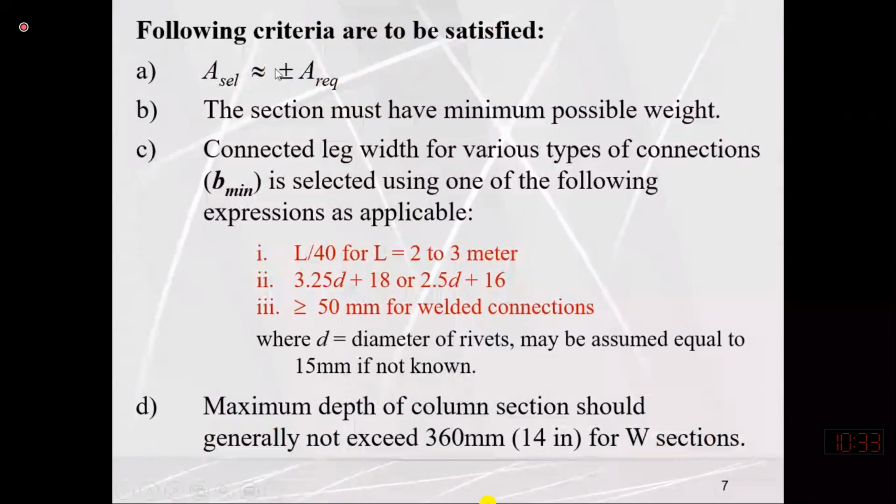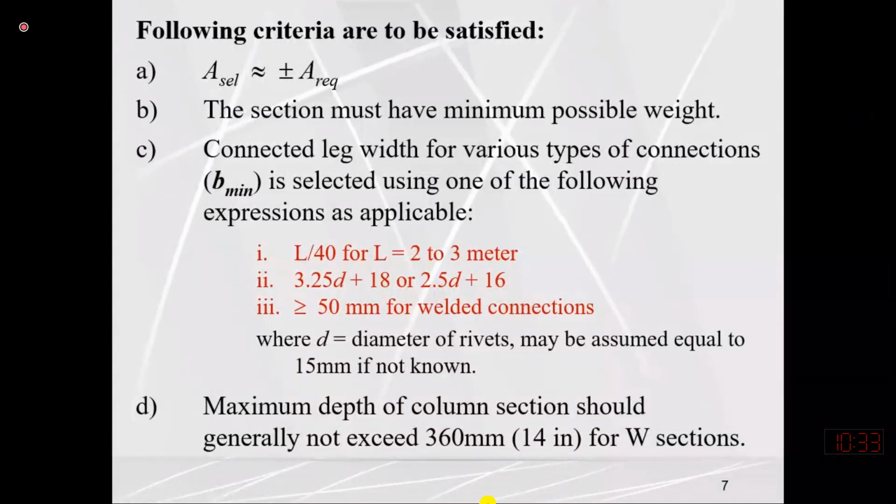In a tension member, when we are selecting any section, the area of the selected section should always be more than the required area. But in a compression member, the area of the selected section may be around 5 to 10% lesser than the required area. Why? Because our trial section or required area is based upon an assumed slenderness ratio value.